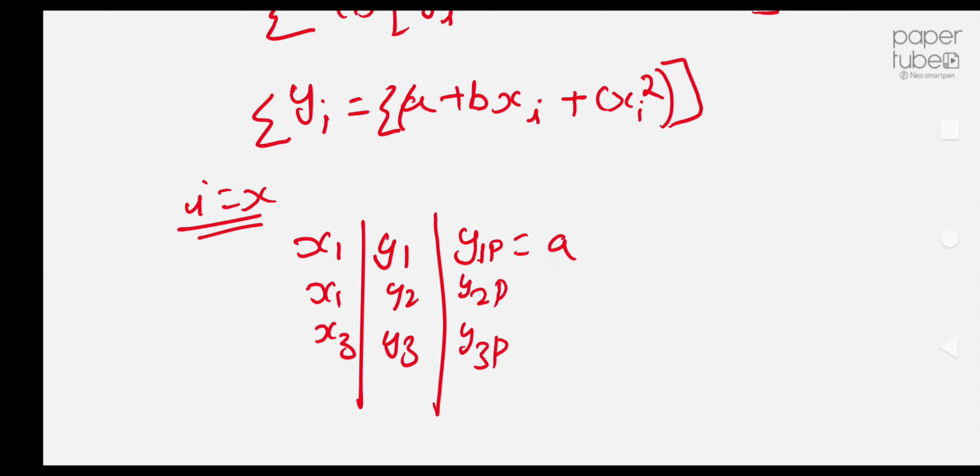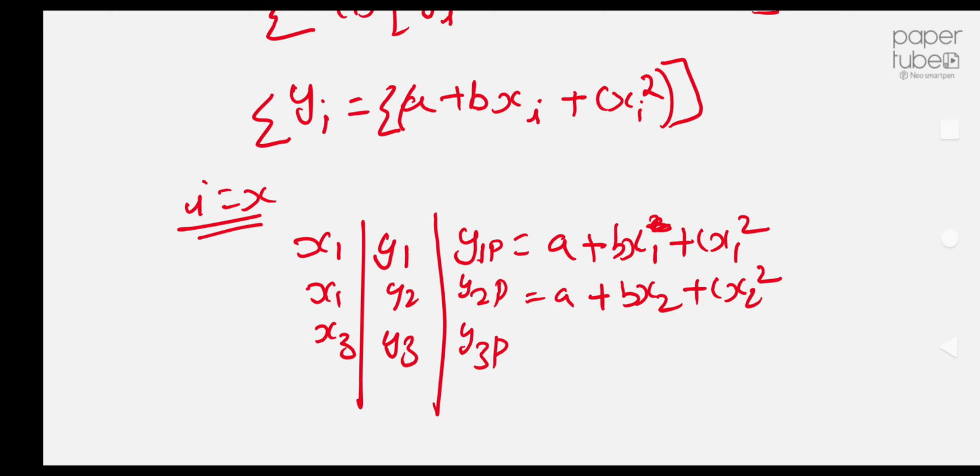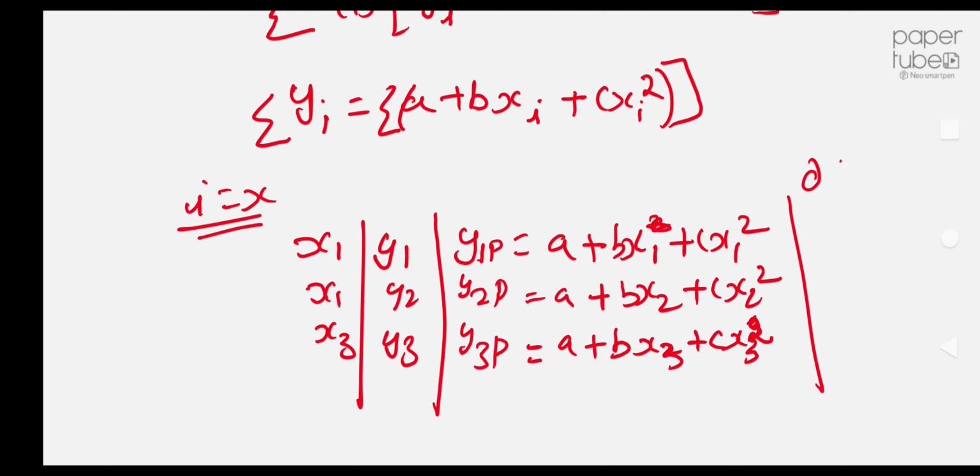If we know the constants a, b, and c, then we can predict a plus b x1 plus c x1 squared. Similarly, y2 predicted will be a plus b x2 plus c x2 squared, and y3 predicted will be a plus b x3 plus c x3 squared.